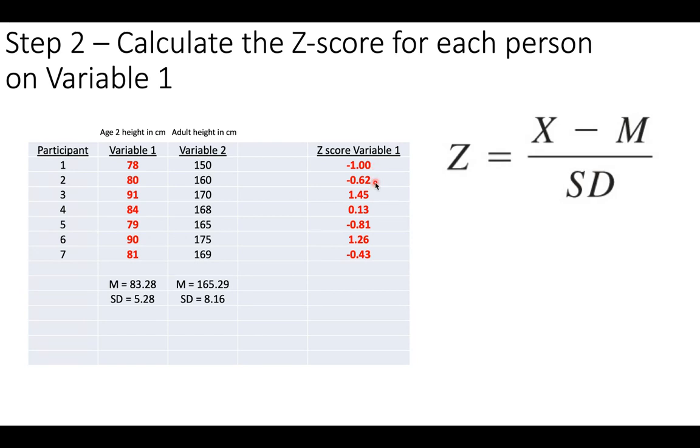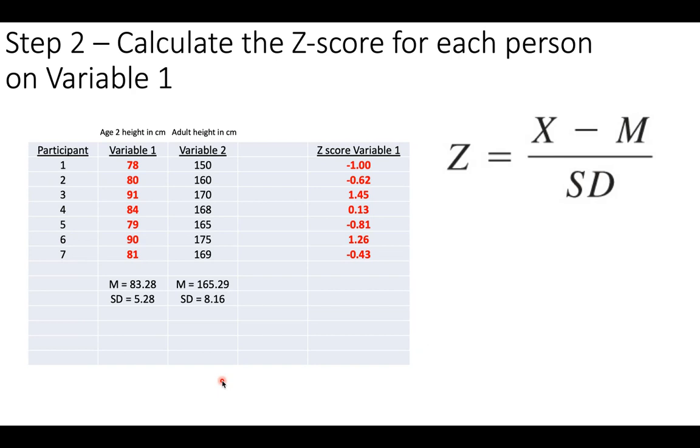Person 2 was closer to the mean, but still short, still below the mean. Person 3 was a very tall 2-year-old. Person 4 is very close to the mean. They're basically an average 2-year-old. Person 5 is, again, kind of a short 2-year-old. Person 6 is a very tall 2-year-old. And person 7 is a moderately short 2-year-old, negative 0.43 standard deviations below the mean.